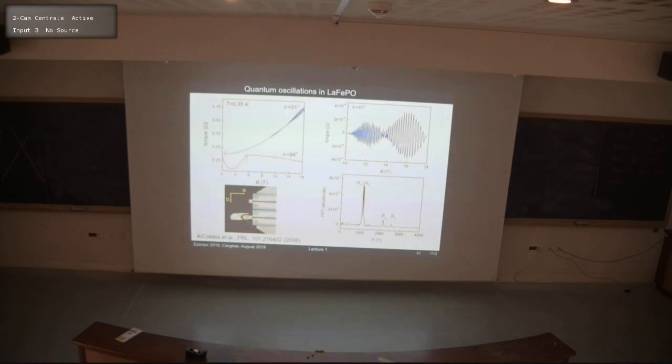And in quantum oscillations, you subtract this background. Then you look at the oscillatory signal on its own, and you Fourier transform, and these oscillations are directly related to cross-sectional areas on the Fermi surface.